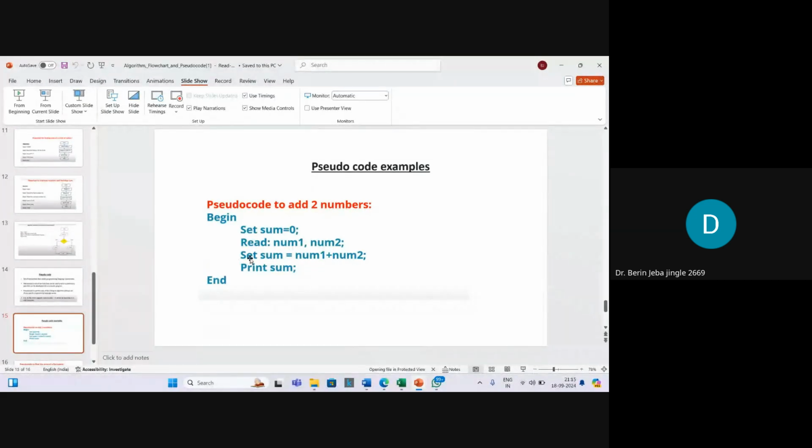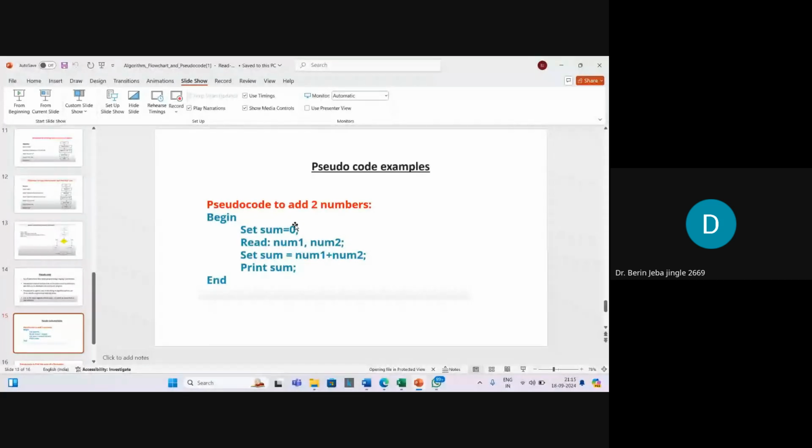Now what we are doing, sum is equal to num1 plus num2. For example, number 1 is 2 and number 2 is 3. Immediately after we are setting this and printing, when we are giving print sum, automatically the sum will become 5. Initial value of sum is 0.